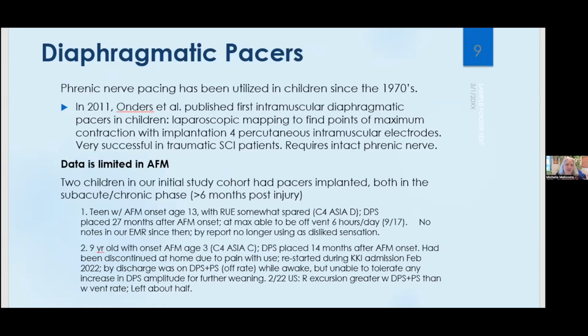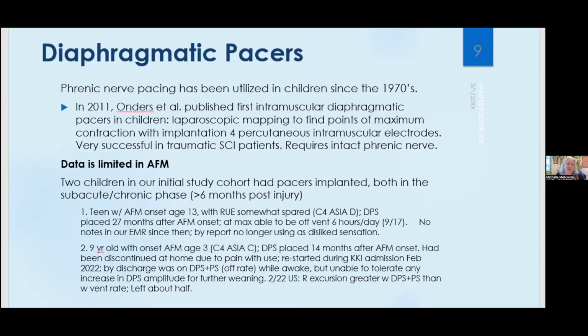So diaphragmatic pacers are something that we talk about a lot. Phrenic nerve pacing has been used since the 70s. Since 2011, there have been the first publications on intramuscular diaphragmatic pacers in children, using laparoscopic mapping and then implanting the electrodes, with the wires coming out percutaneously, but this does require an intact phrenic nerve to be successful initially in terms of generating an actual contraction.